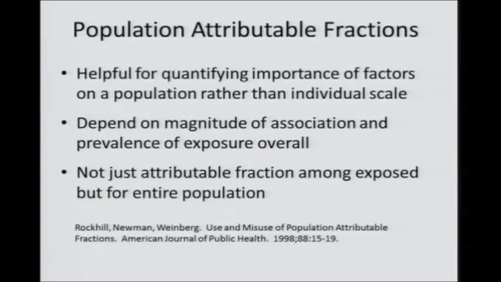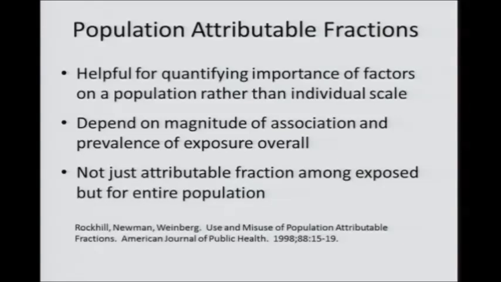So the population attributable fraction is really helpful for quantifying the importance of factors on that population scale rather than the individual scale. And it depends on the magnitude of the association and the prevalence of the exposure overall.